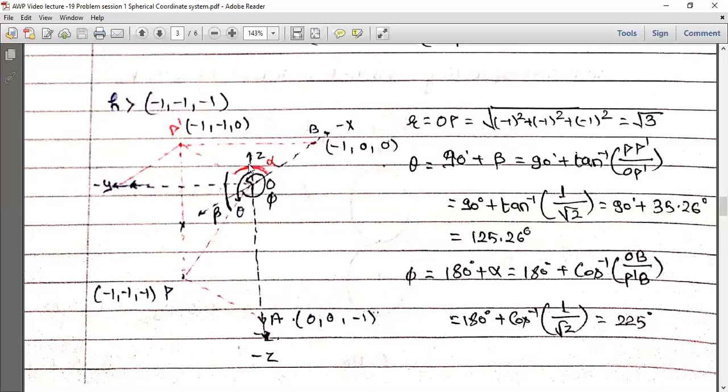Triangle OP dash B is a right angle triangle with a 90 degree angle at B, where P dash B is the perpendicular, OB is the base, and OP dash is the hypotenuse. Correspondingly, alpha can be written as cos inverse of base upon hypotenuse, that is OB upon OP dash.